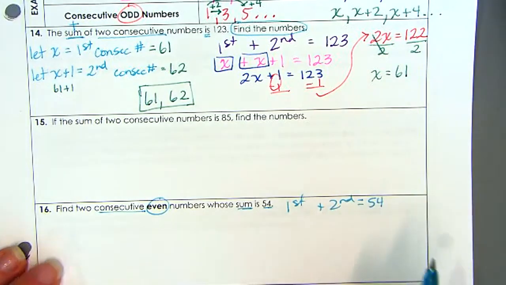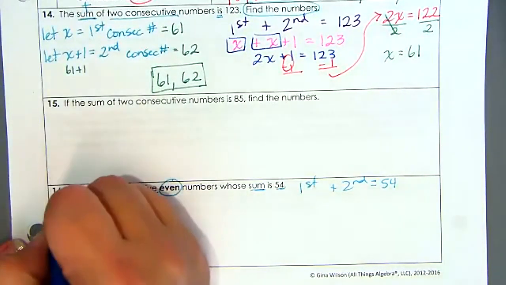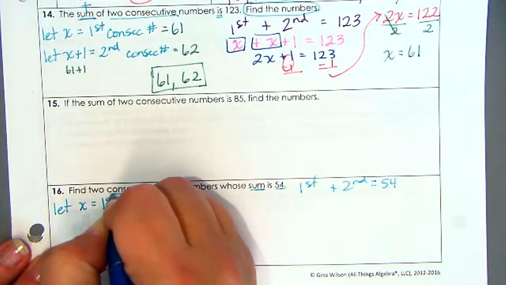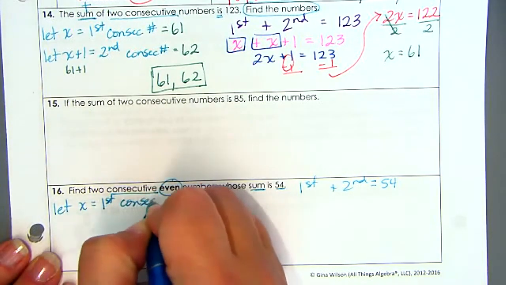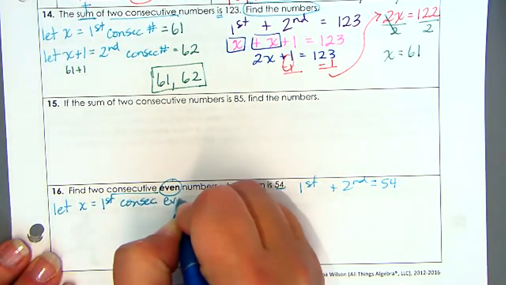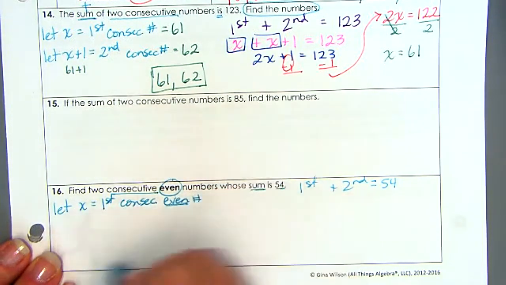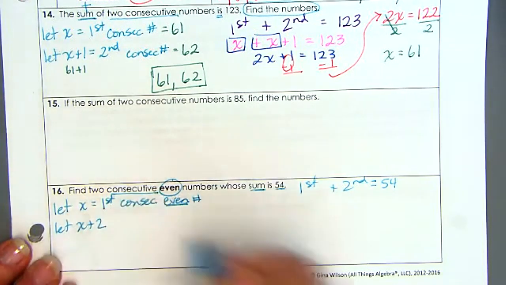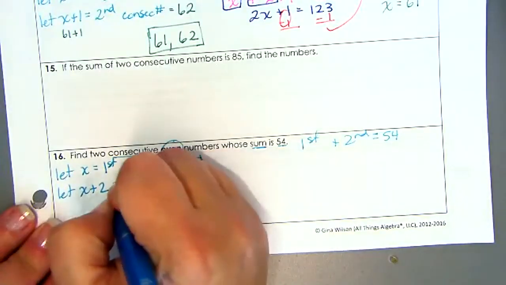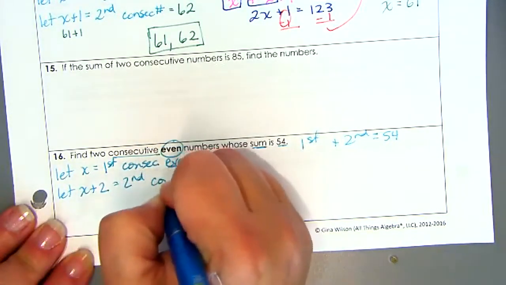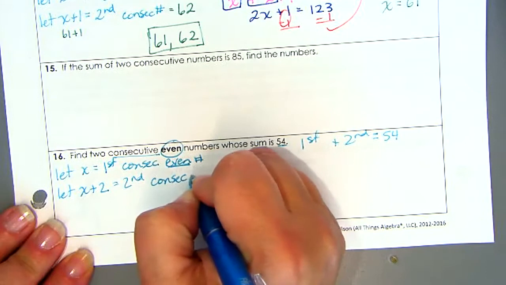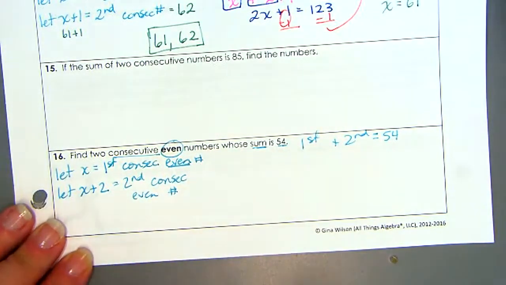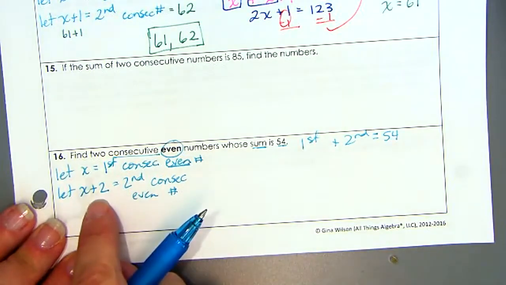The only thing that we're changing is that we're going to let x equal the first consecutive even number, and we're going to let x plus 2 equal the second consecutive even number. This is the only difference, right here.